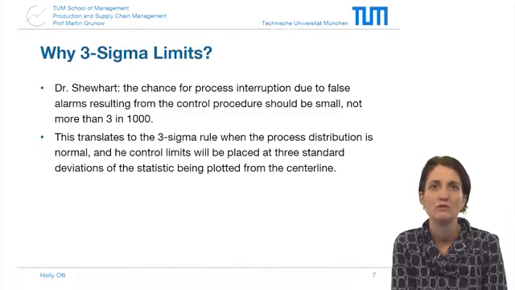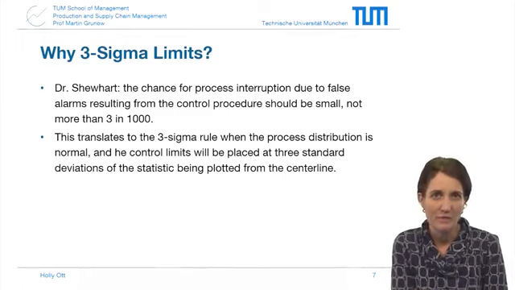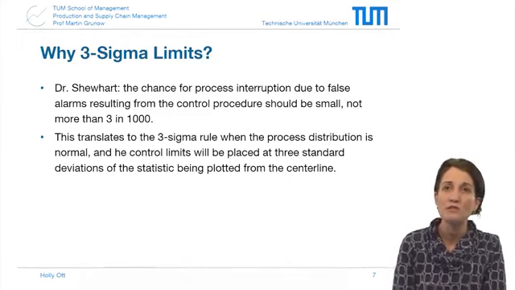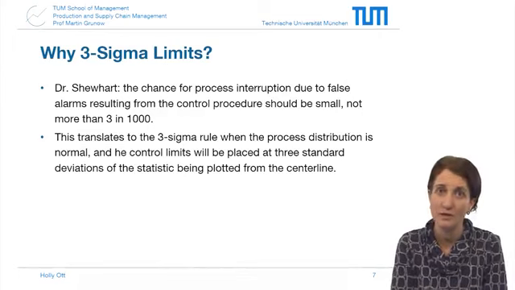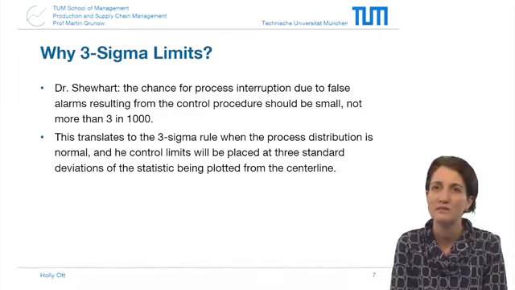Now, you can change this if you want. If you want to place your limit at 2 sigma or 4 sigma from the center line, that's very possible. If your limits are closer together at the 2 sigma distance, then your control chart will detect changes in the process more quickly and will detect even smaller process changes more effectively compared to 3 sigma limits.